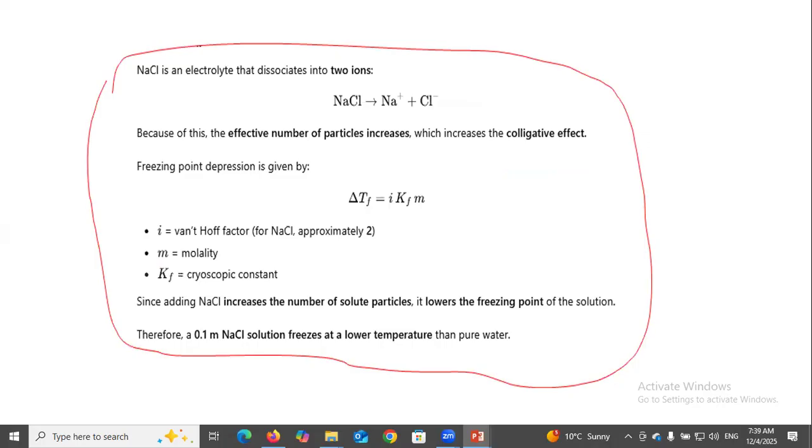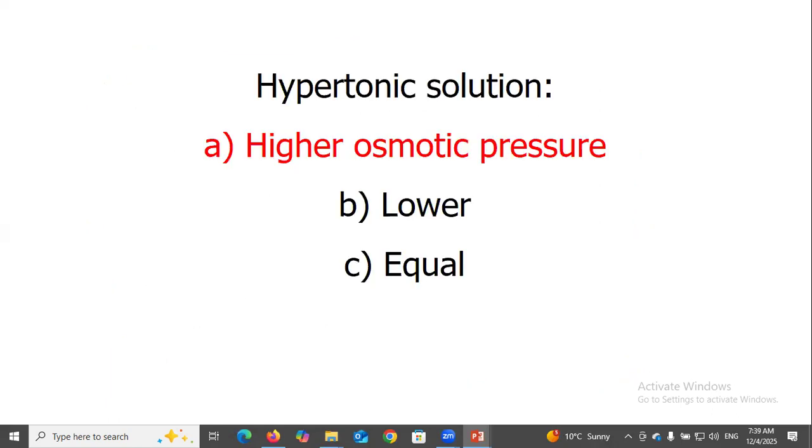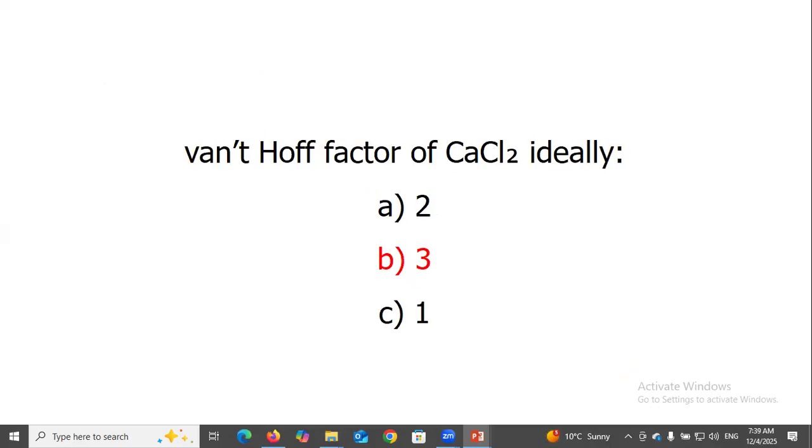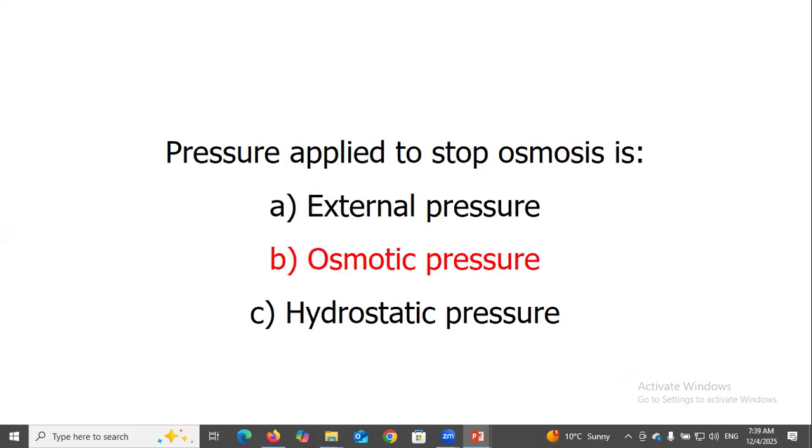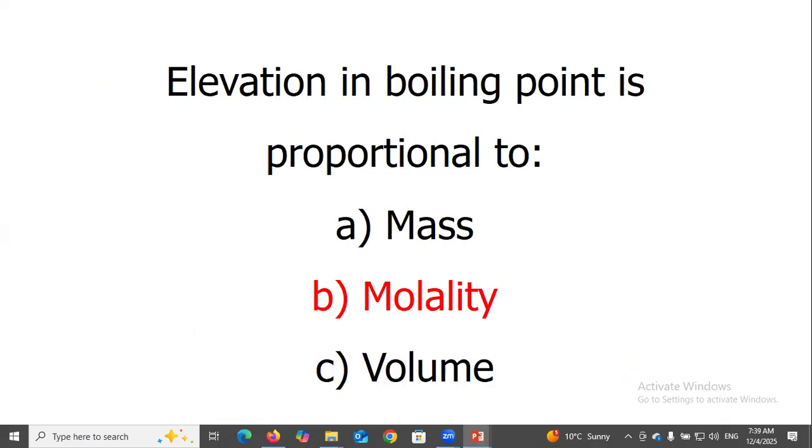Sodium chloride is an electrolyte that dissociates into 2 ions. Hypertonic solution has higher osmotic pressure. Van't Hoff factor of calcium chloride is ideally 3. Pressure applied to stop osmosis equals osmotic pressure.